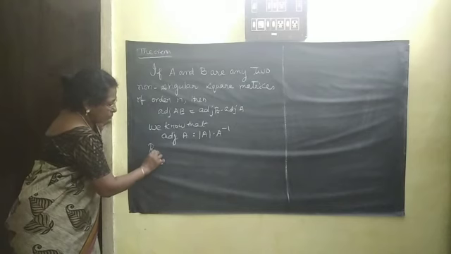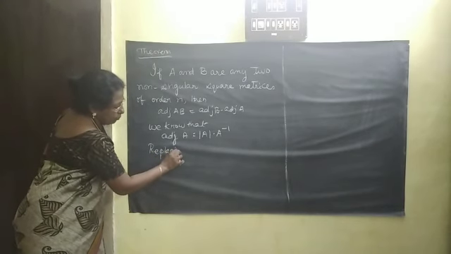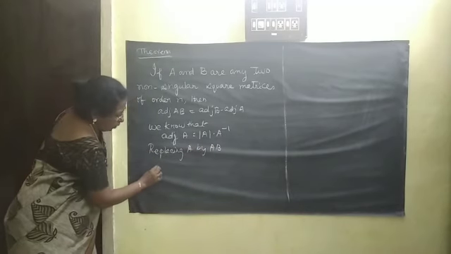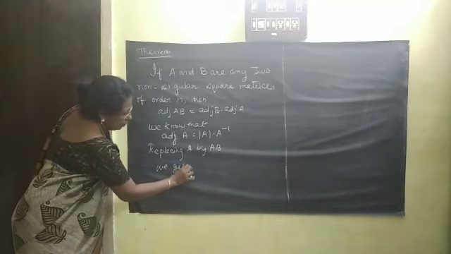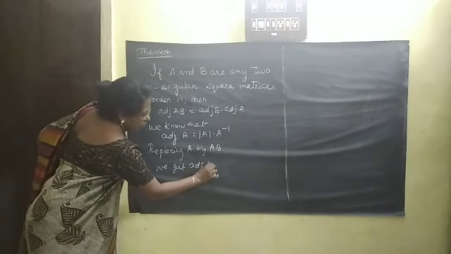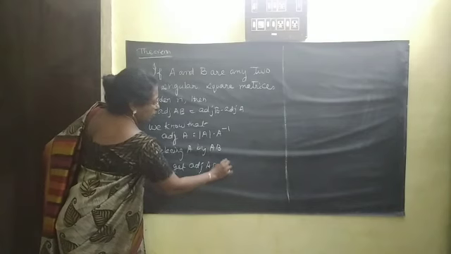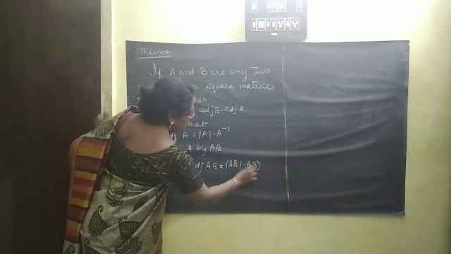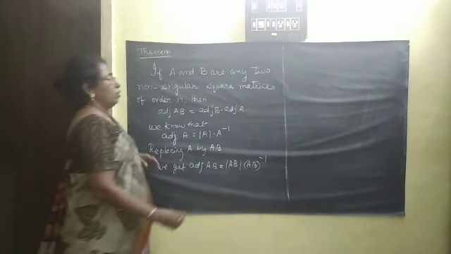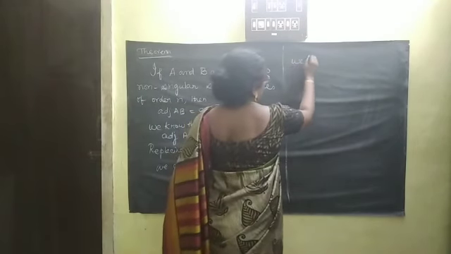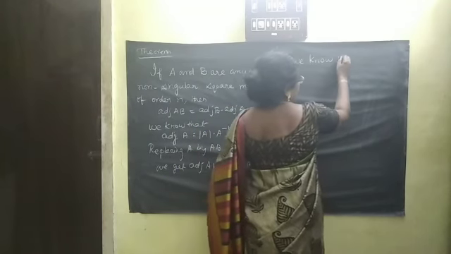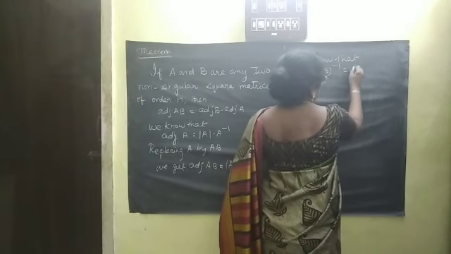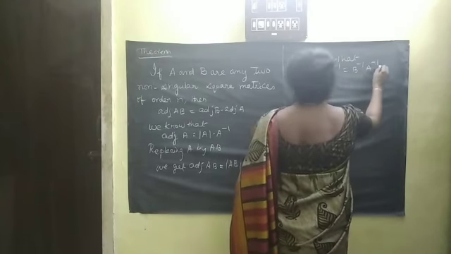Now replacing A by AB, we get adjugate of AB is equal to determinant AB into AB the whole inverse. We know that AB the whole inverse is equal to B inverse A inverse.